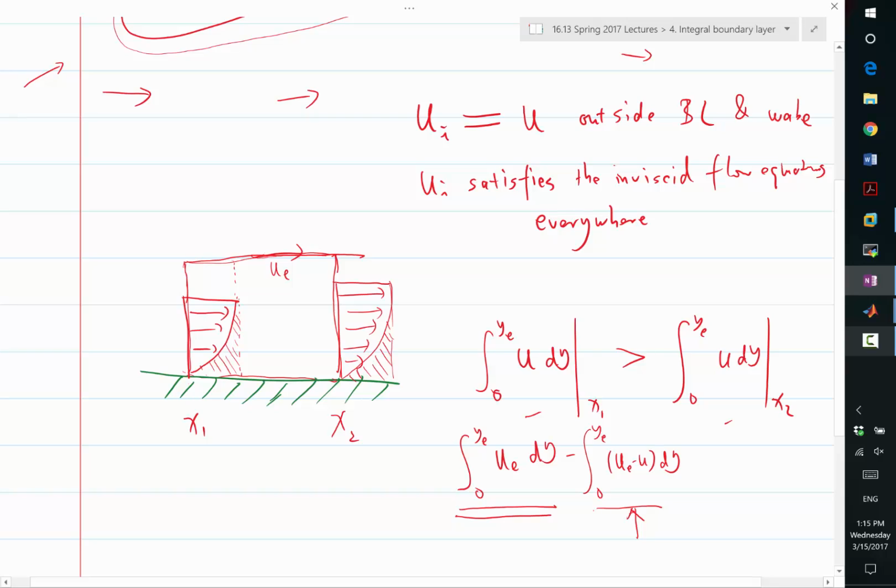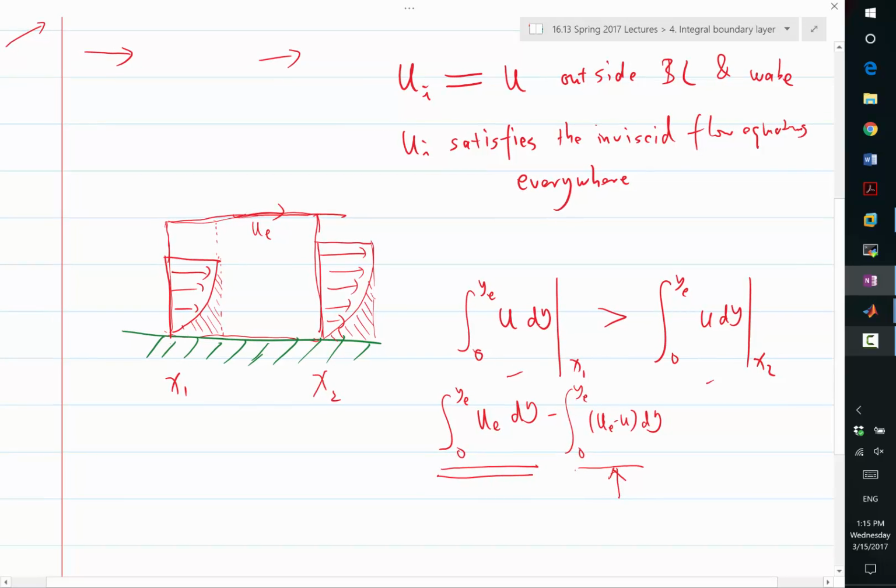Up or down? Up, right? More mass comes out of here and less goes out of here. The remaining has to go out through the top. So basically we proved in this case that for a Blasius boundary layer, the velocity here has two components. One is UE in the wall parallel direction, and also a positive non-zero component in the wall normal direction.